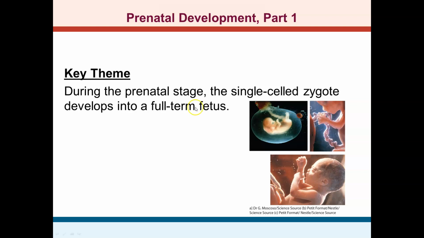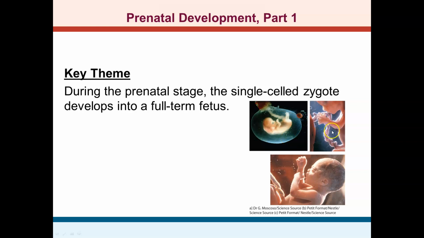So I did include some visual images here in order for you to start getting used to this, and start thinking about some of these factors. This starts off as the zygote starting to develop into a fetus.